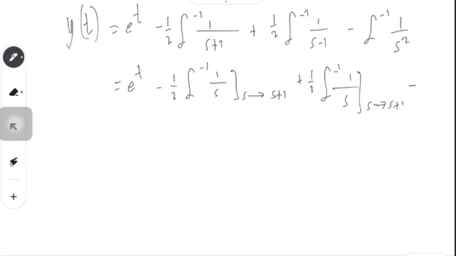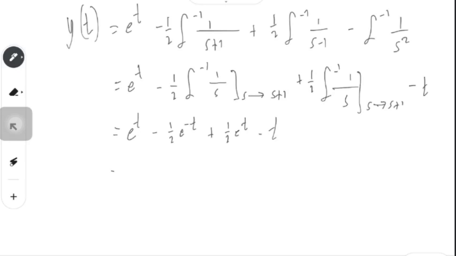Then minus, ito pwede ng direct: 1 over S squared is simply t. Ano ito? Minus 1/2, 1 over S, kaya lang, S is S plus 1, meron kang multiplier na e to the negative t. Tapos ito, magiging 1/2 e to the positive t.